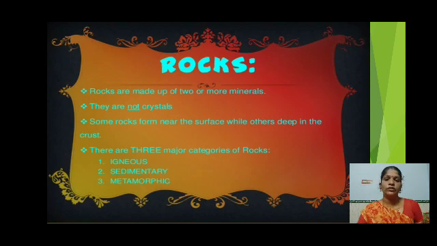Then the second part of the same lesson is rocks. Rocks are made up of 2 or more minerals. They are not crystallized.